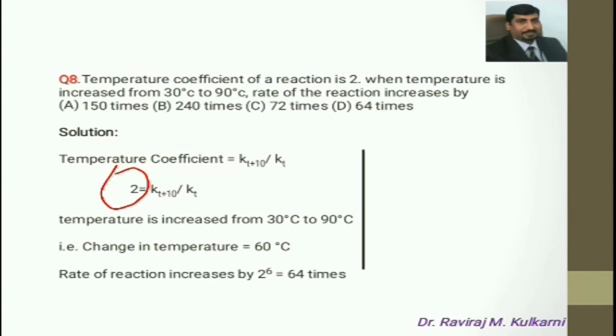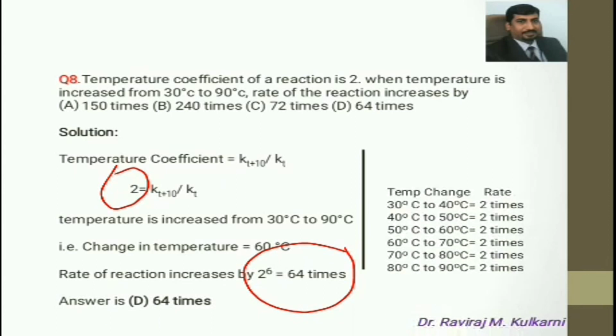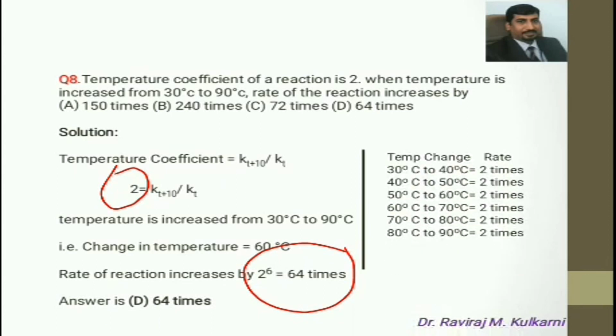So the rate of reaction is increased by how many times? 2 raised to 6 times. How? Just see. If you increase from 30 to 40 degrees Celsius, it becomes double. Another 40 to 50, another 2 times. 50 to 60, doubles again. 60 to 70, 70 to 80, again doubles. 80 to 90, again it doubles. How many times does it double? 6 times.